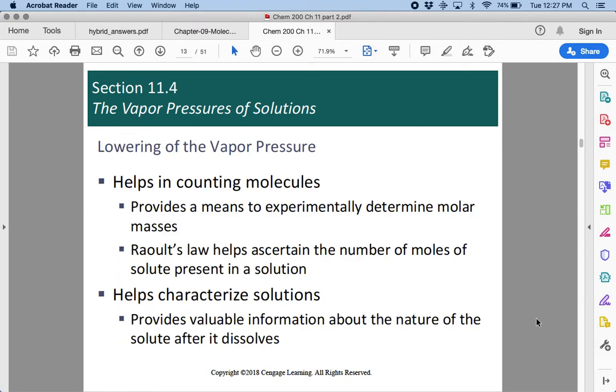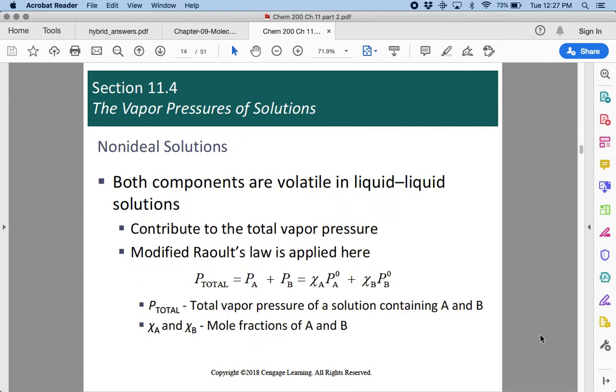As we lower the vapor pressure, we're going to be able to help count molecules. Experimentally, this is how we determine molar masses. It also helps us gain some understanding about the nature of how different solutes dissolve in their solvents. Now, of course, we can have a non-ideal solution where both components are volatile liquids.